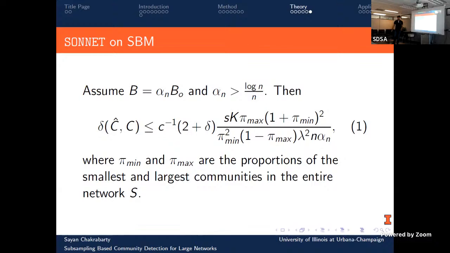So we cannot have too sparse a network. If alpha_n is very small, then the network will be very sparse. Under these assumptions, we can show that the error rate can be bounded by this quantity, which has n alpha_n in the denominator. And this bound also gives us some idea on how to select the parameters S and O.